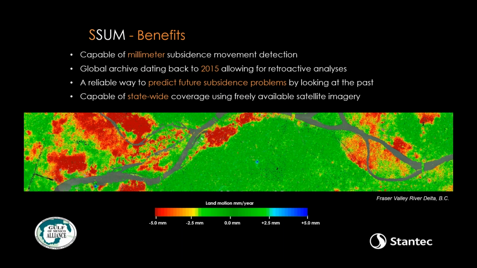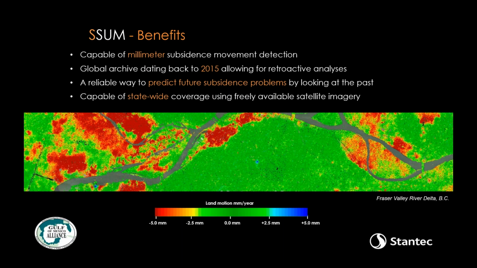At Stantec, we use a global archive of InSAR imagery dating back to 2015. So for any point on the Earth, we can tell you how much it's been uplifting or subsiding for the past 5 years. We always say it's a really great way to predict future subsidence problems.